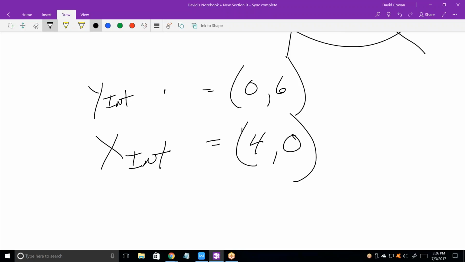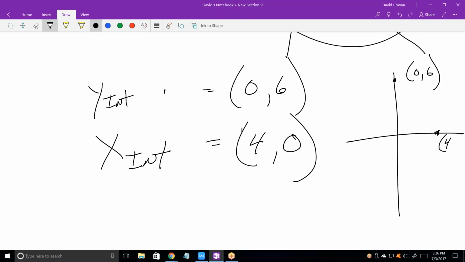So, I've given you 2 intercepts. Well, I can graph this pretty easy. I know that that point is 0, 6, and I know this point is 4, 0. And that's all they said was graph it. Bingo. Done.